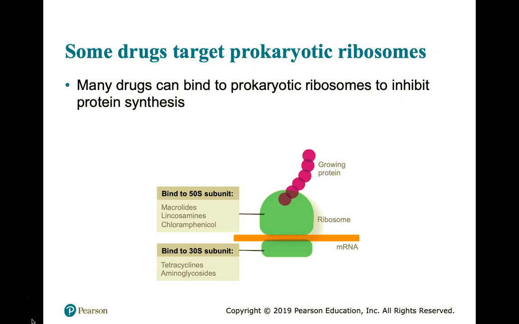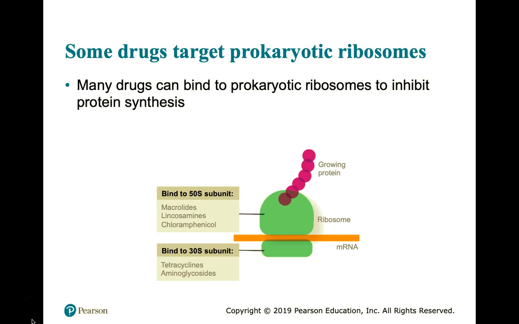Within the human cell, where else do we find a ribosome that's similar to a bacterial ribosome? It's going to be the mitochondria, right? Based on the endosymbiont theory, the mitochondria used to be its own individual prokaryotic cell. So its ribosome is very similar to bacterial ribosomes, almost identical.